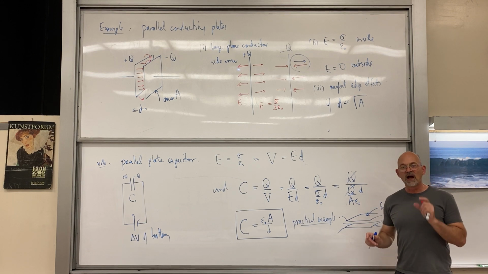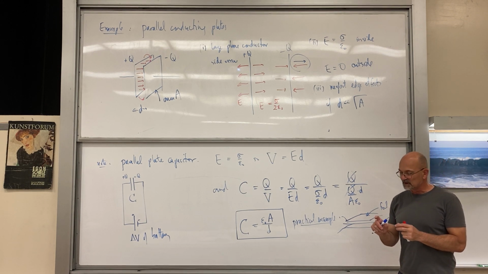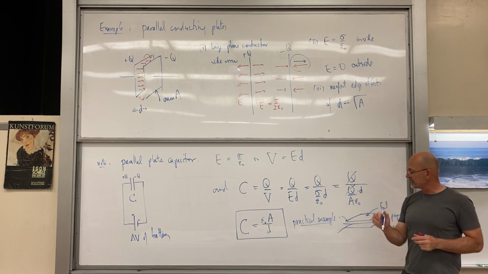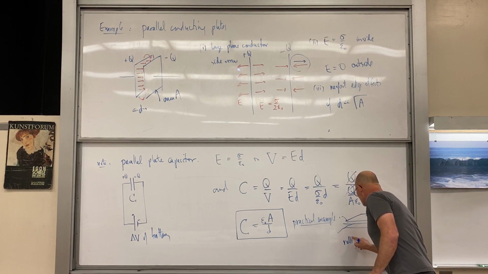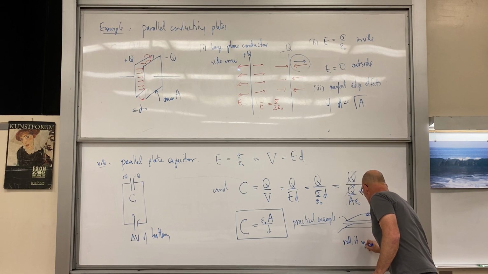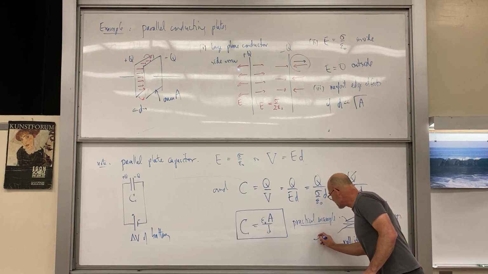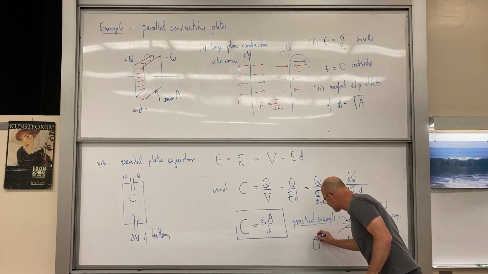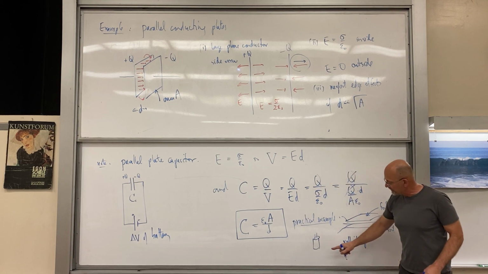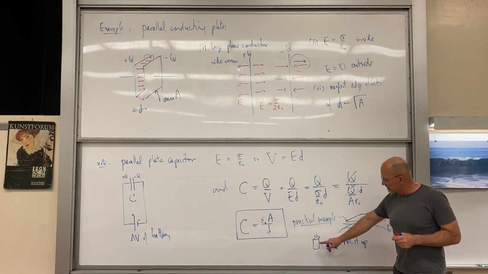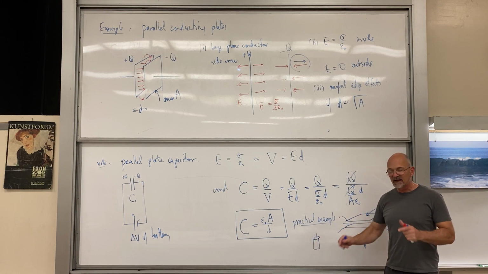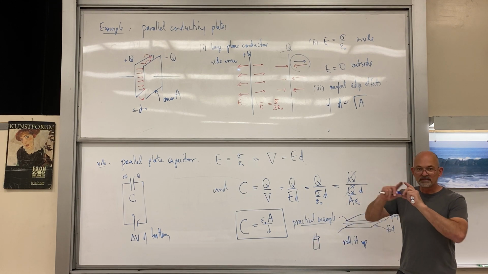And in fact, if you ever cut open a little cylindrical capacitor, roll it up and put it in a can. So a little capacitor that looks like this with a couple leads on it that you can hook up to a battery and charge it. If you cut it open and look inside, you'll see it really is made up of a rolled up structure.